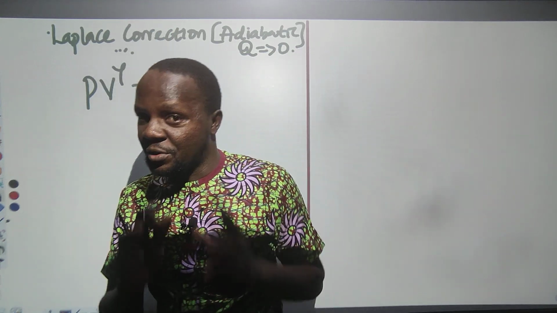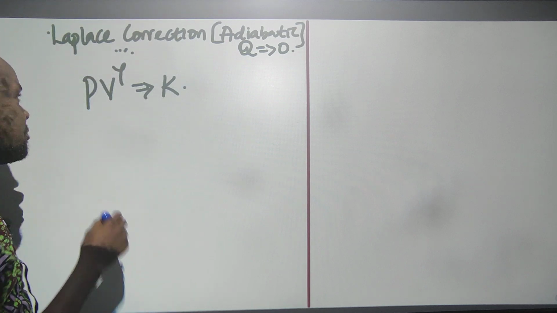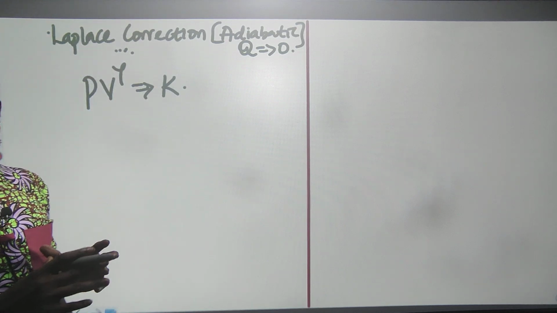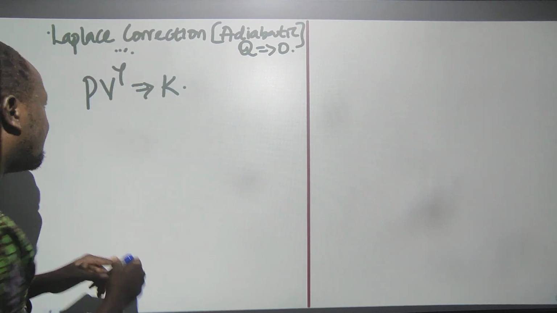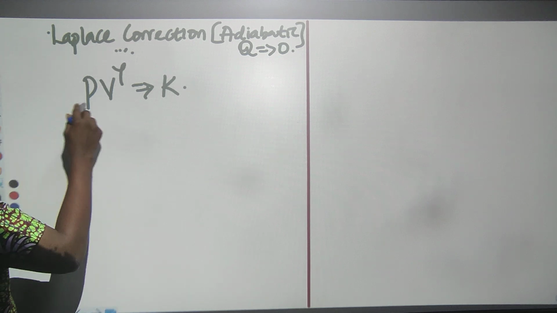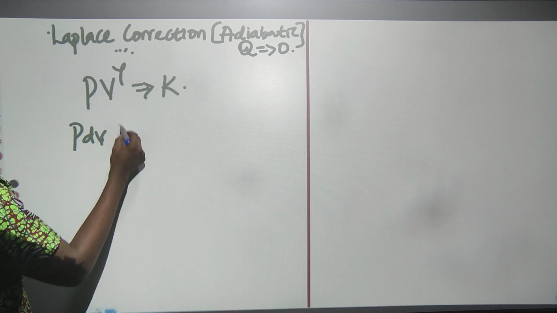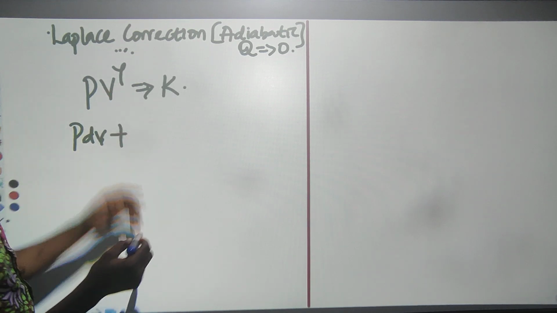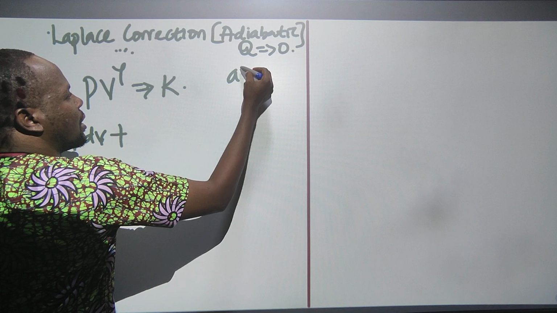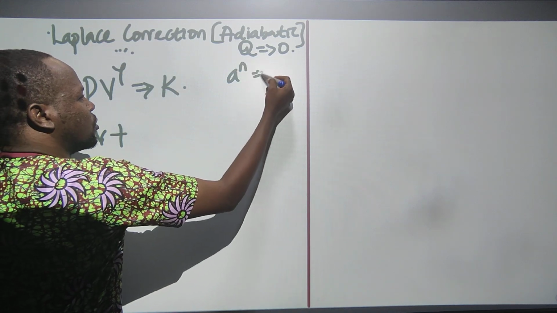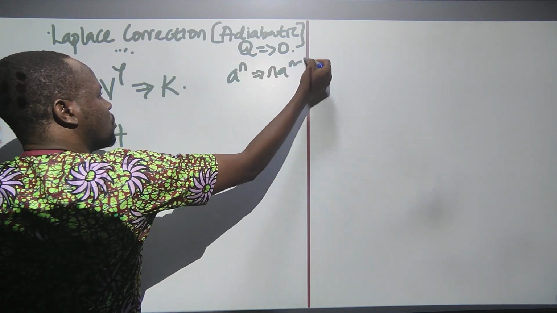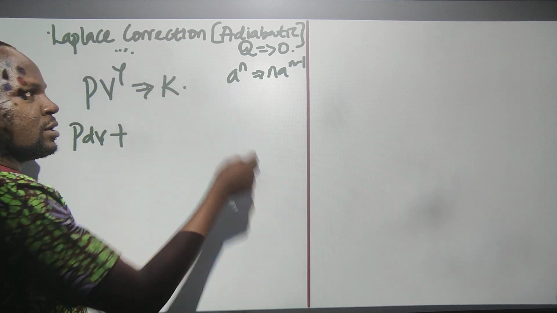Let's differentiate, just like what we did in the other one. Differentiating this, I am using the product rule. Don't sleep on it. We are using the product rule. This is P dV plus, look at this, I'll use the normal rule: if you have a raised to power n in differentiation, it is n a raised to power n minus 1. I hope you know, if I give you x squared, it is 2x to the power 2 minus 1.